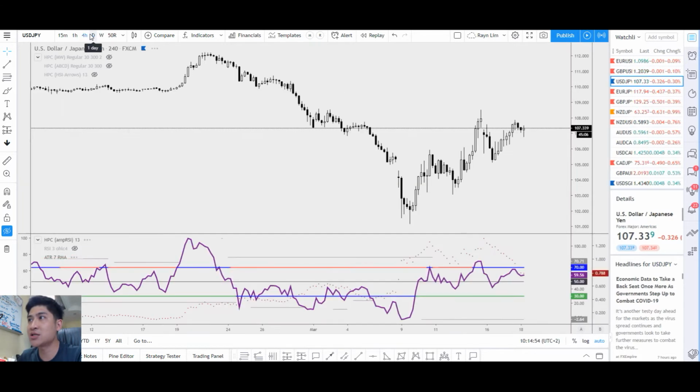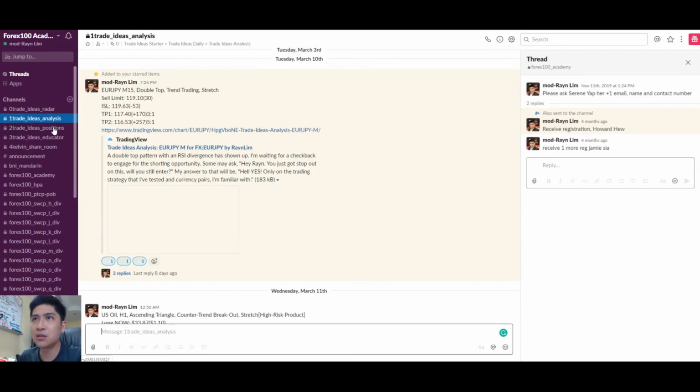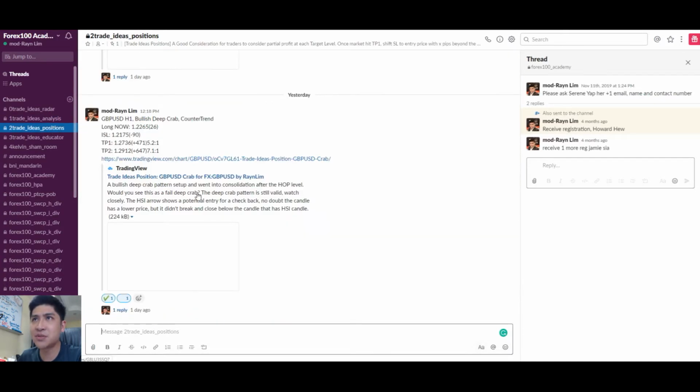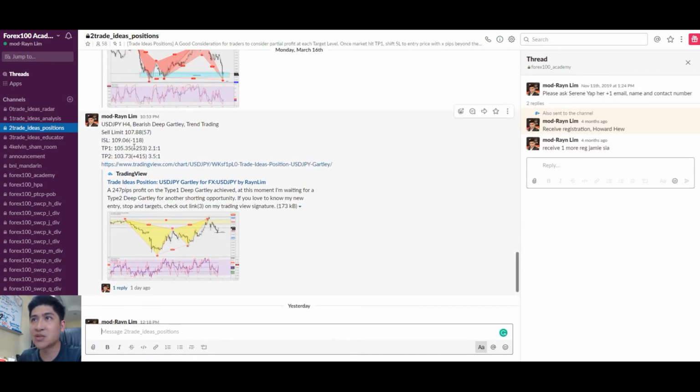Down to the 4-hour chart. On the 4-hour chart, you can see this M and W formation. Over here is a W formation. So I've shorted it. Already have earned, let me see, a couple of hundreds of pips on this trade. 253 pips. Alright, so there was a trade.